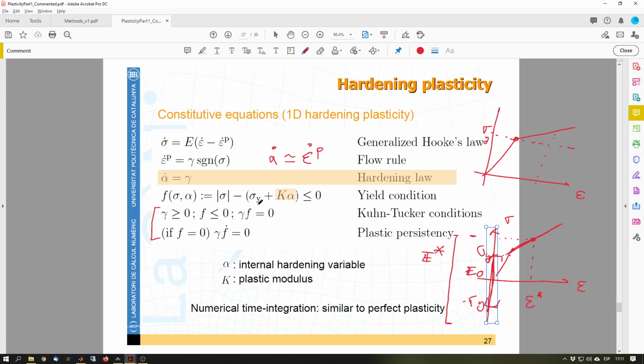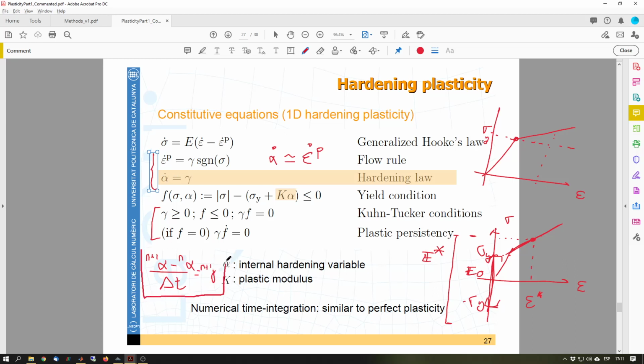In fact, it's just sigma y, or my f, which is replaced by this extension, and we also have this backward Euler being applied here, and now we need to apply backward Euler here too. Meaning that n plus 1 alpha minus n alpha divided by delta t should be equal to n plus 1 gamma.